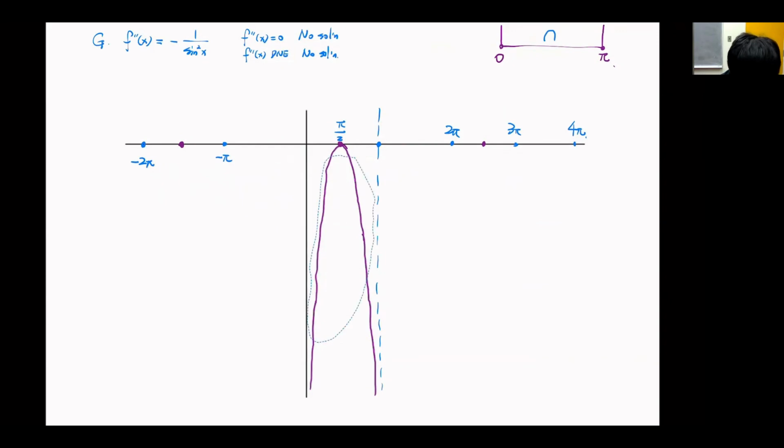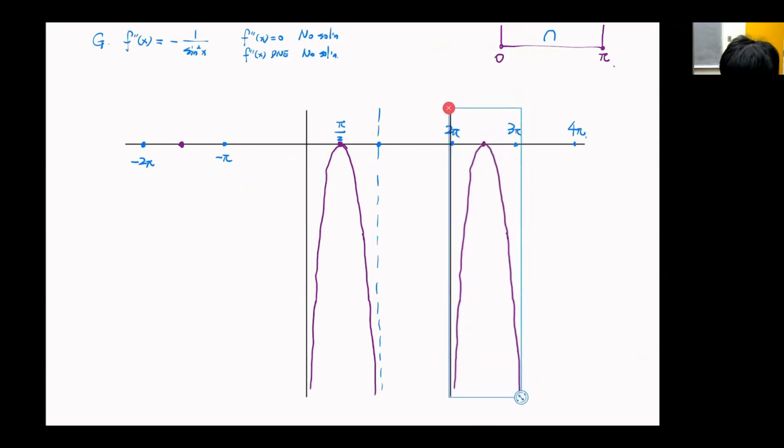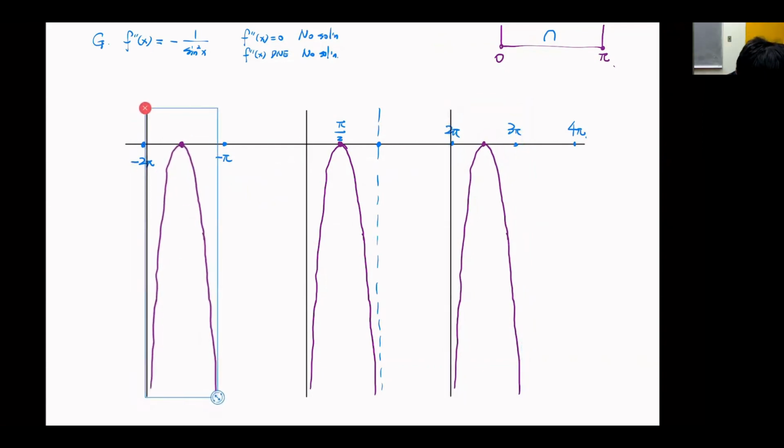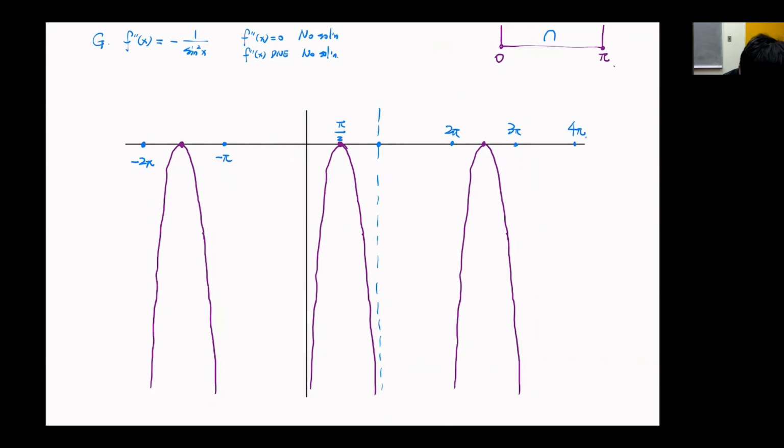Then I need to shift it, or actually copy it, to the other parts. Like this, and like this. I should get rid of this part and supplement my vertical asymptotes.